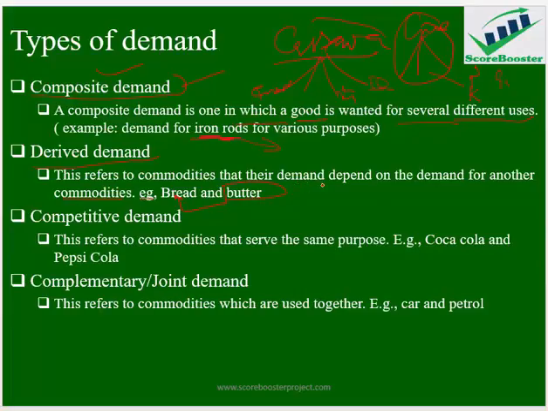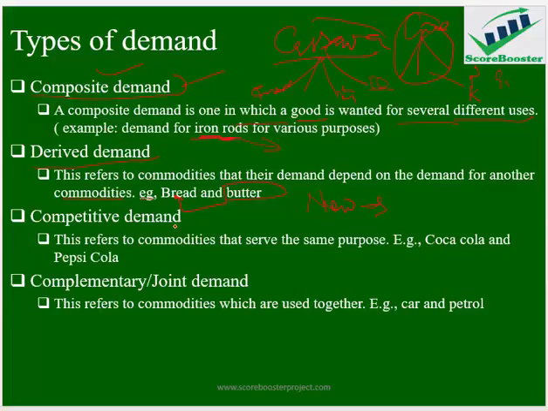When you demand a particular commodity because you already demand another commodity, that means the demand for the new commodity is derived from the demand for the other commodity. That's what we call derived demand. Anyhow you want to put it, the demand for one commodity depends on the demand for another.